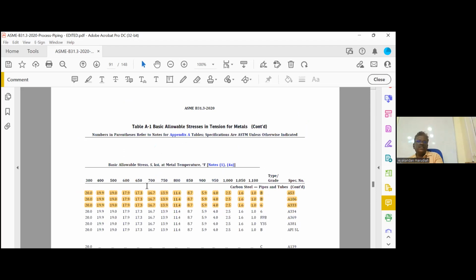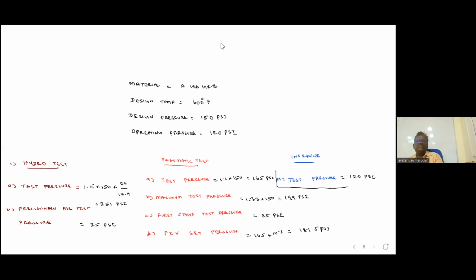You can see at 600 it is 17.9. So you can put 20,000 divided by 16.9, the answer will be the same only. So you'll get the answer 251 psi. So this one is 251 psi.